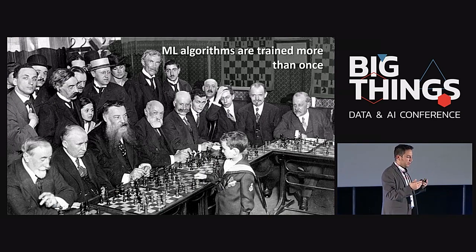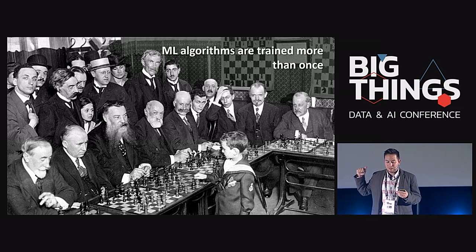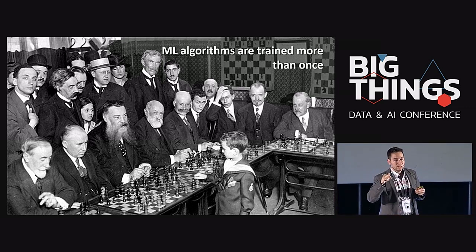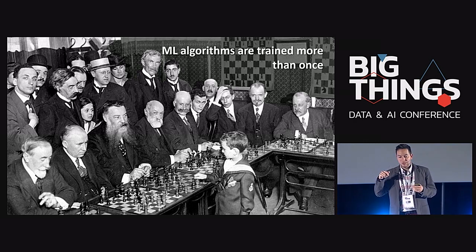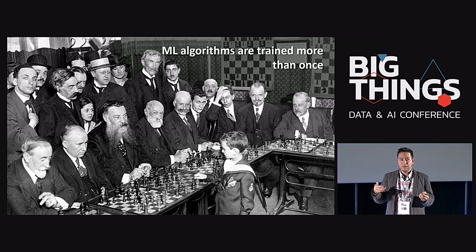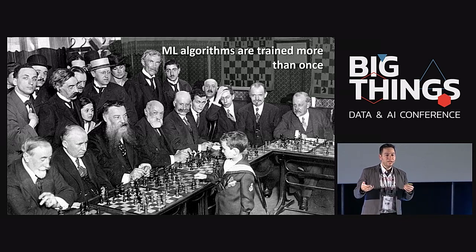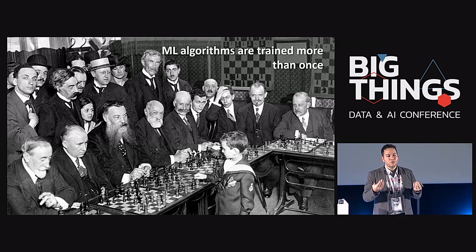And when you think about machine learning, I really like this picture: why is this child winning against all the rest of the people? It's only because he is learning from the rest of the plays that he is facing. If you play chess the first time, you will not be the master of chess. Once you have played some times, you will get some experience, so you can expand your knowledge about chess.